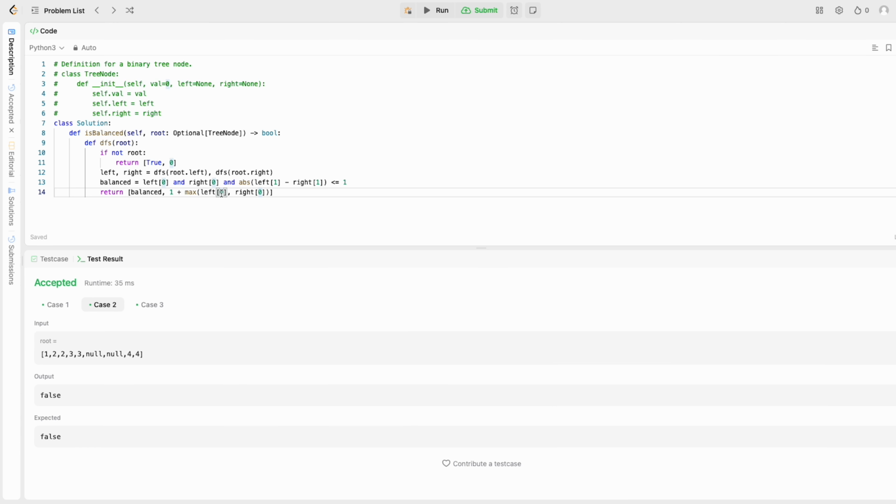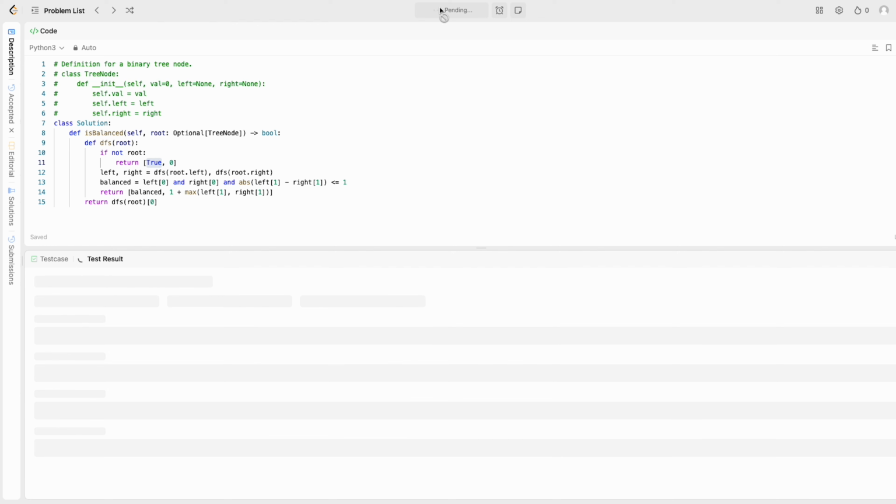Actually, it is plus 1 because we are looking at the height. Perfect. So what will we return? DFS, we will pass in root, and all that we need is to pass in index 0, which is the balanced boolean.